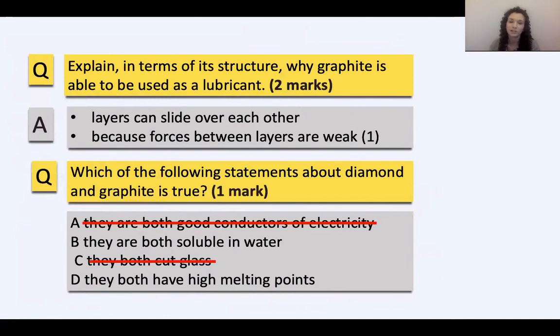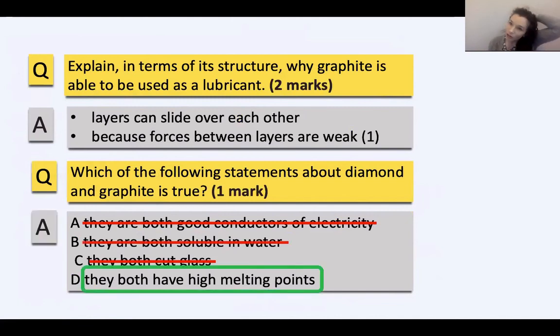I know that that's just diamond. And it's not that they're both soluble in water, because remember, all giant covalent compounds are insoluble in water. So it must be D. They both have high melting points. Remember, because those many covalent bonds are very strong and take a lot of energy to overcome.